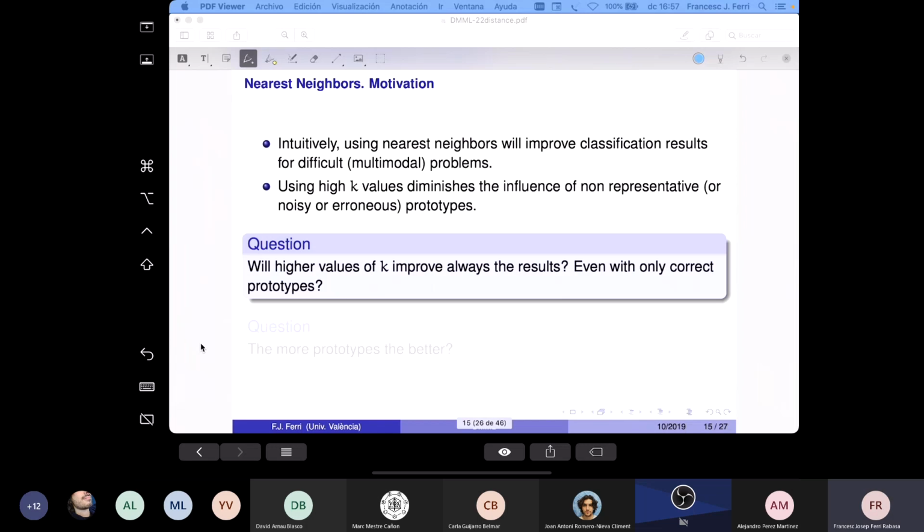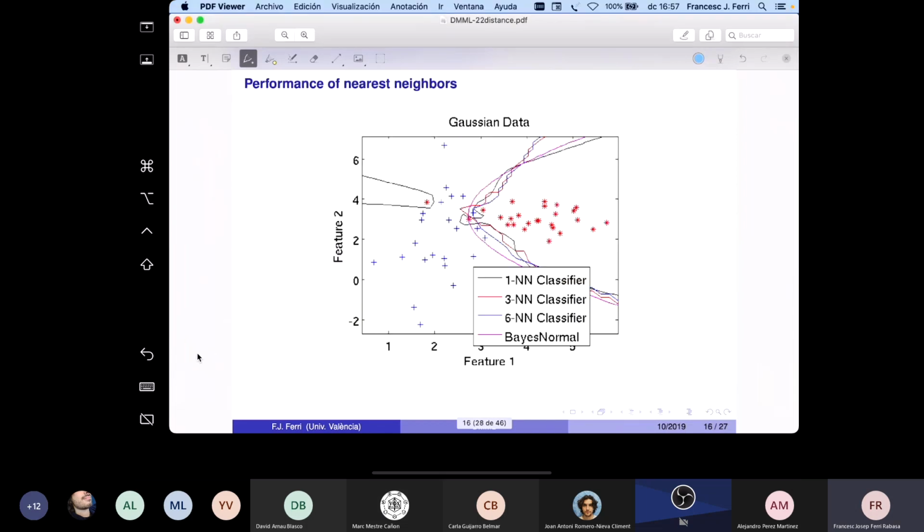Is it okay? Well, this is just another example. This corresponds to two Gaussian functions, one Gaussian, the other Gaussian. You have here the optimal classifier, the Bayes classifier, which is this parabola.